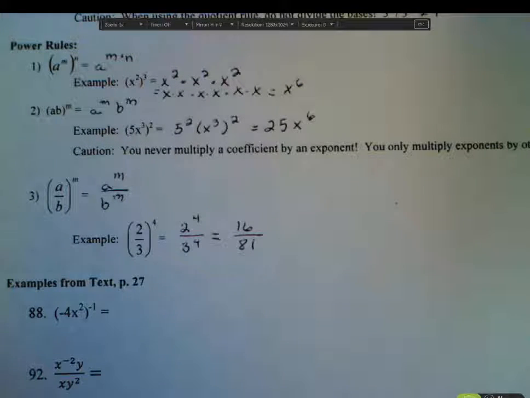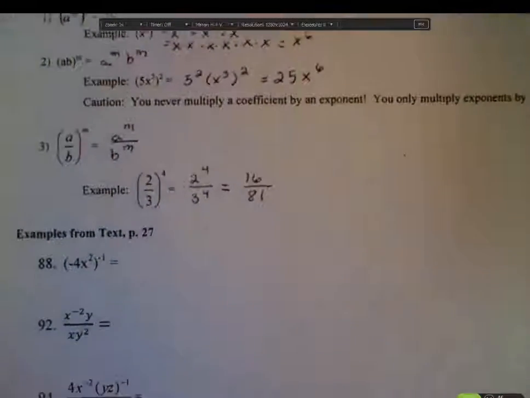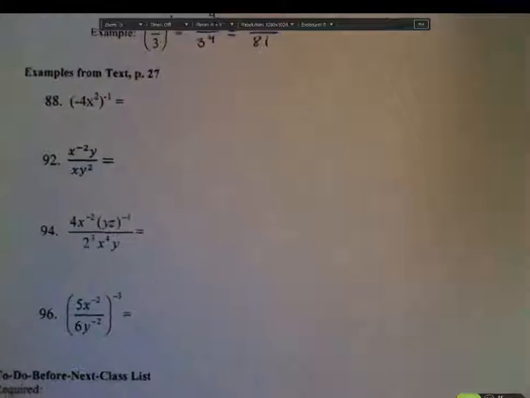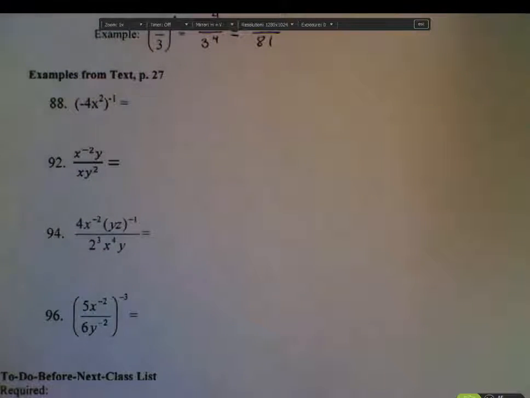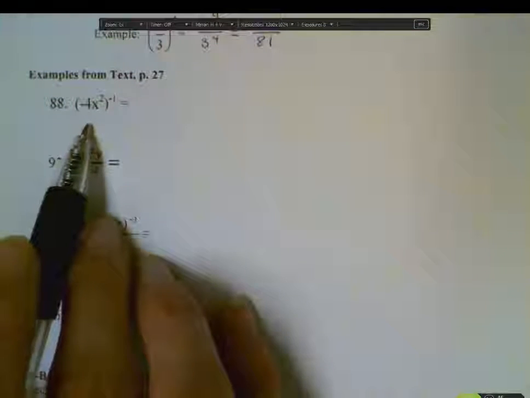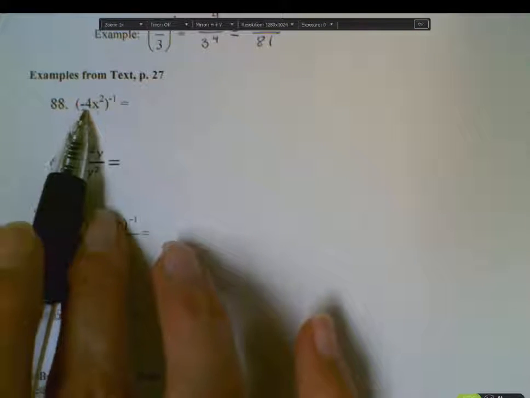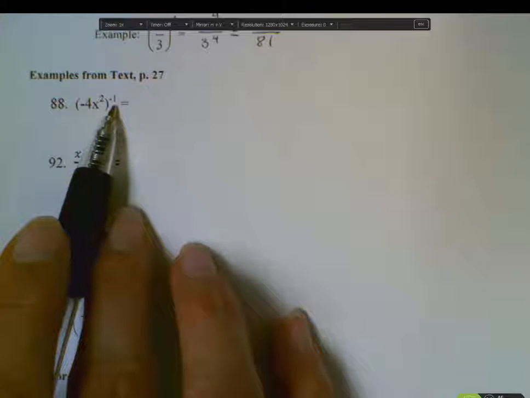All right, let's do a few examples that are like the harder problems in the homework, those that we didn't get to in class. They use a combination of the product rule, the power rule, and the quotient rule. Number 88, the base is negative 4x squared, and that whole thing is raised to the negative 1.